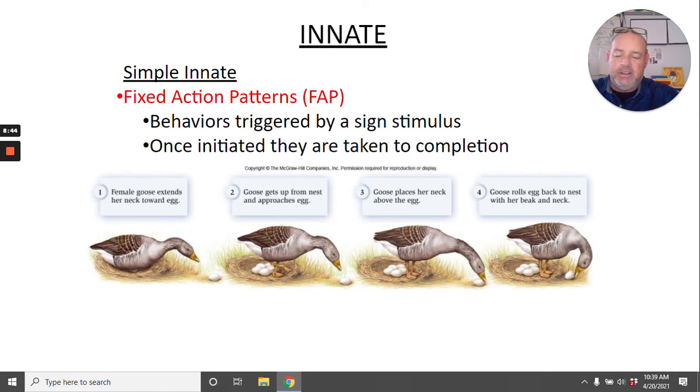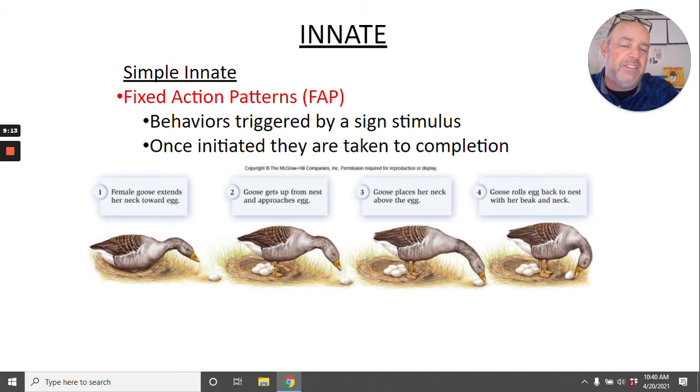So scientists wanted to see what the deal was with this. So they have a little fake egg, and they put a fake egg out in front of her. And of course, she gets up and she goes out and she scrapes the egg back. So then they do it again. They put the fake egg back out there, and the goose puts her neck out. And as soon as she goes to do it, the scientists pull the egg. They take the egg back, and the goose still keeps moving its neck and pulling it back like it was pulling an egg back, even though there was no egg there.